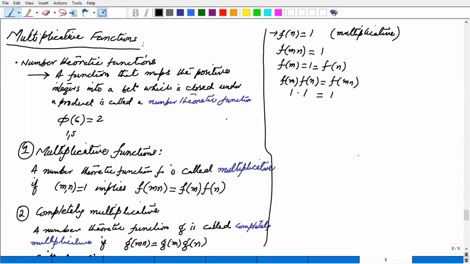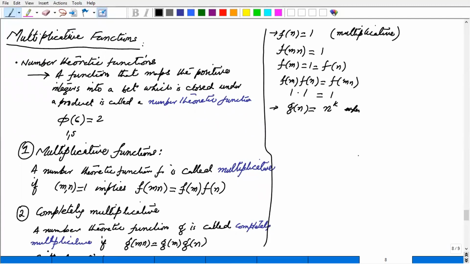Similarly, we have another example. G is a function. G of n is n to the power k. So this is another function where k is a fixed integer.